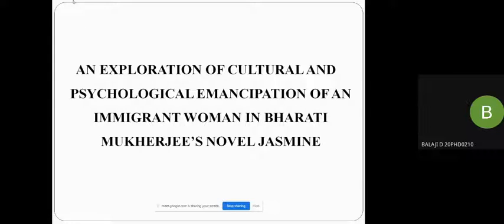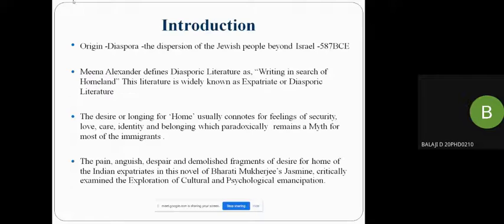It is advantageous to discard the collective identity in order to reach one's individual identity, an identity that is constantly changing and developing, just as Mukherjee's protagonist in Jasmine goes through identity reconstructions. Without a doubt, this novel honors Bharati Mukherjee's enthusiasm for immigrants.